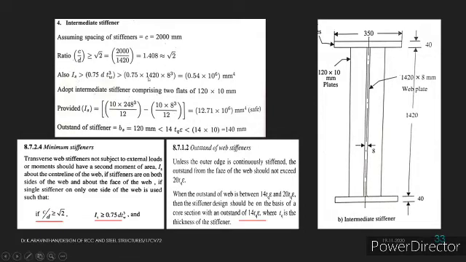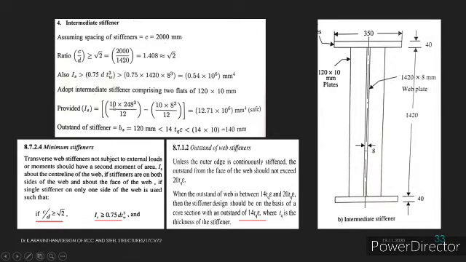Let us adopt an intermediate stiffener comprising two flats. We are adopting 120 into 10 mm. For end bearing we adopted 170 into 20 mm, and for the intermediate stiffener we are providing 120 into 10 mm plates. Let us find the inertia of these stiffeners. Let us add all the gross area, which is 120 plus 120 is 240 plus 8, that is 248.